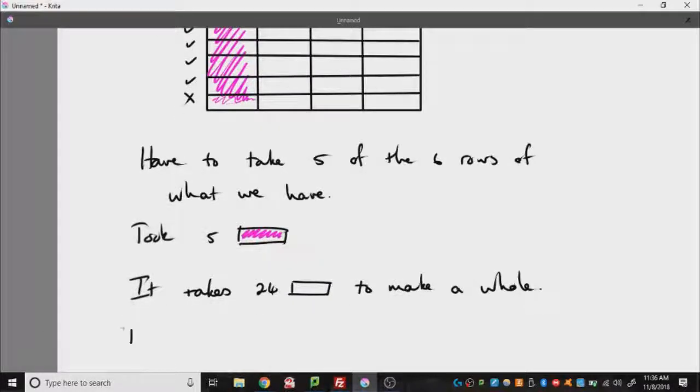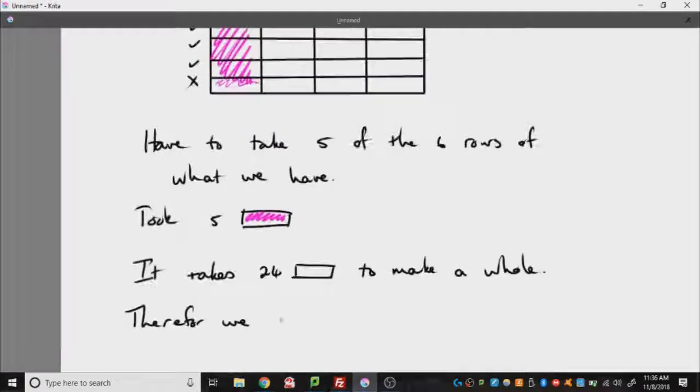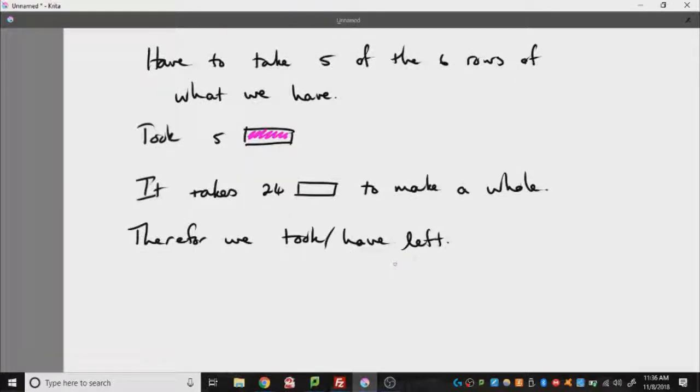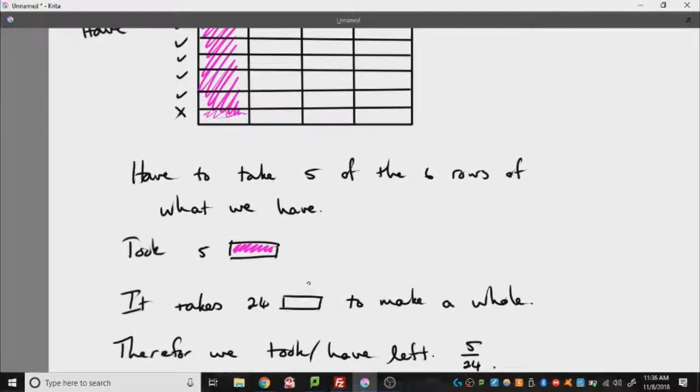So therefore, we took, or we have left, however you want to phrase it, 5/24. And of course, "of a whole" is always the next part of a fraction, but you don't have to write it every time. So that wasn't so bad, I don't think.